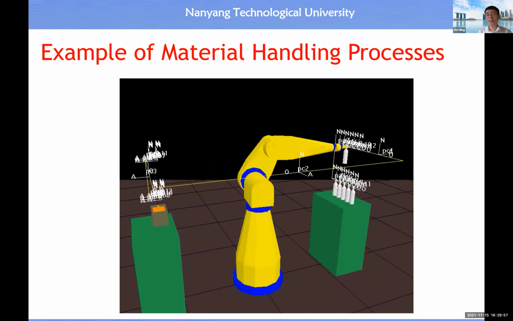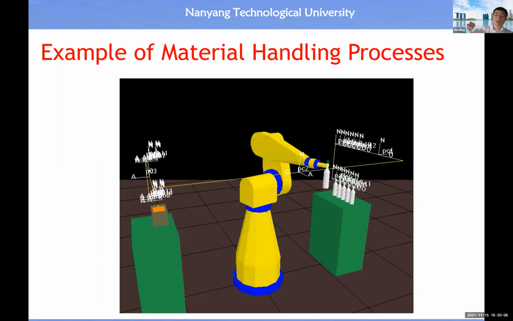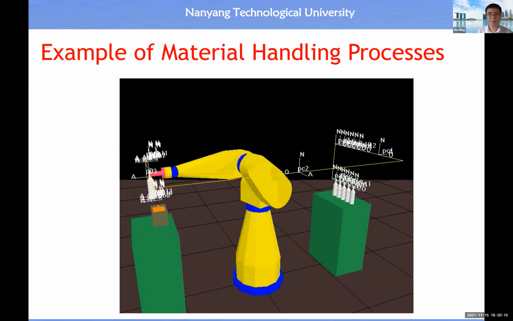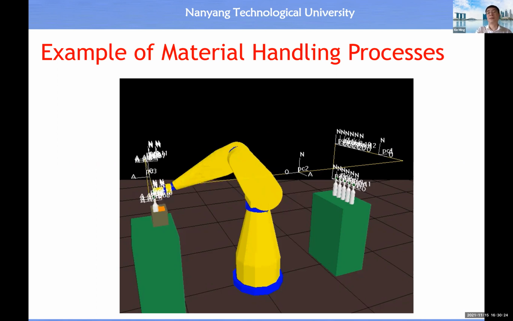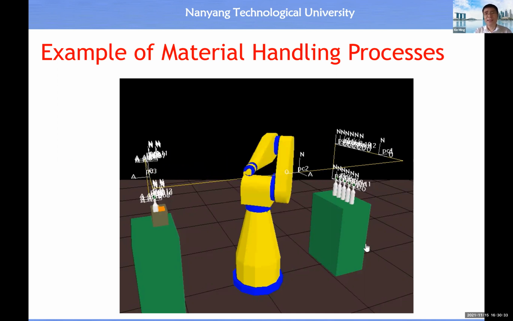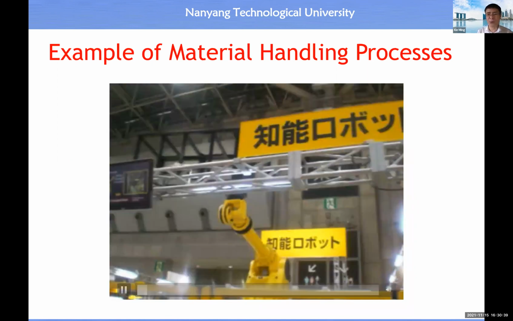So you see, for each cycle of pick and place, the robot will follow a specific path or trajectory, all right? Then this robot just repeats the similar operation one by one until the box becomes full with bottles. And you have seen this one. This is also a typical process of doing material handling.